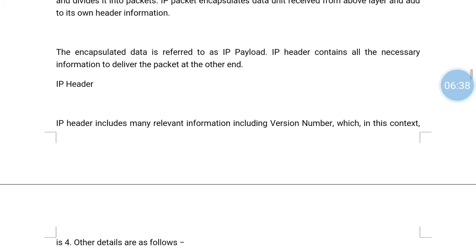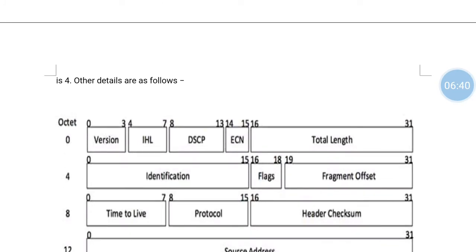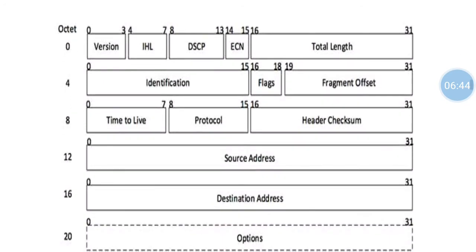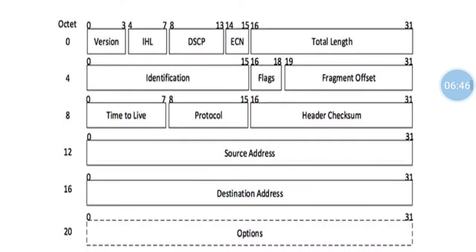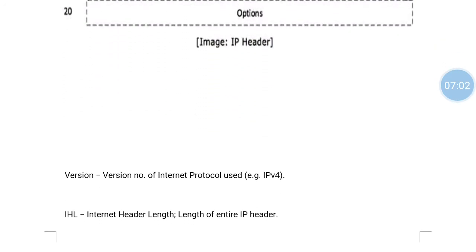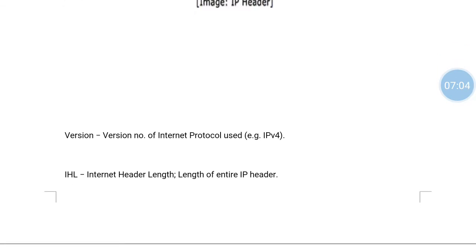So this is the packet structure of IPv4, which tells about version, IHL, DSCP, total length, identification, header checksum, and the source address and destination address. It contains all the information.